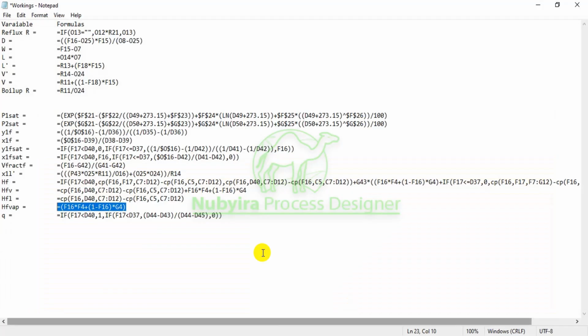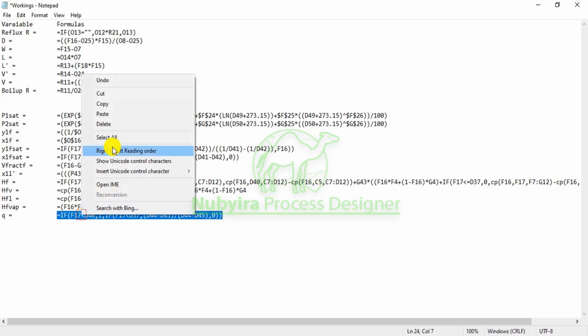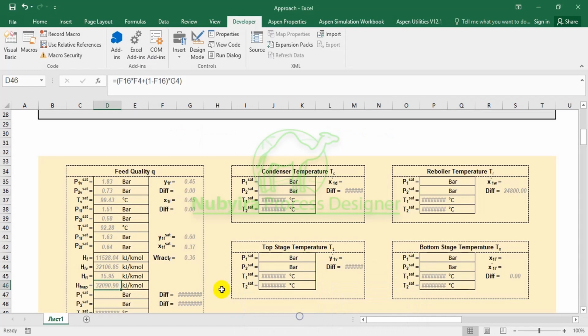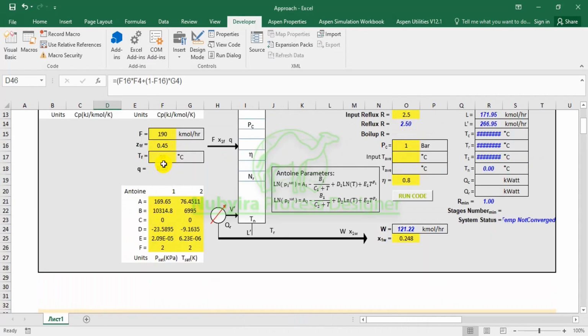So the formula for feed quality is this. I'm going to explain this once I copy it. It's using the same process and technique, just to prevent errors, because these values are not like your mathematical values. They are realistic values, you understand? So you have to be very careful when you are doing the calculation.